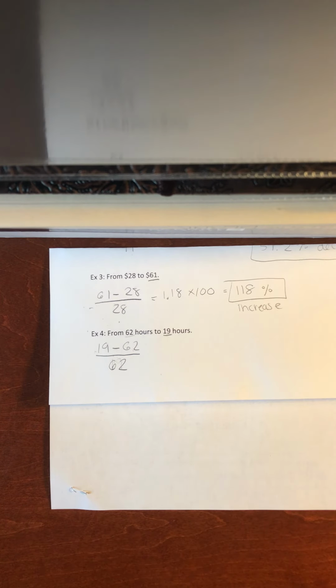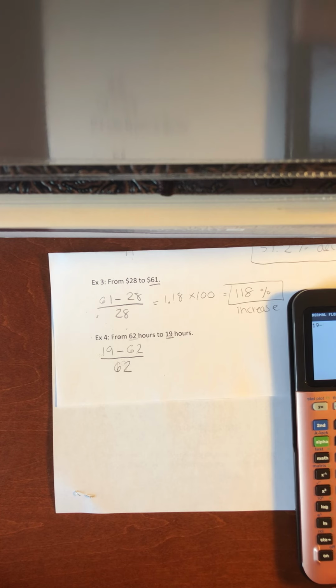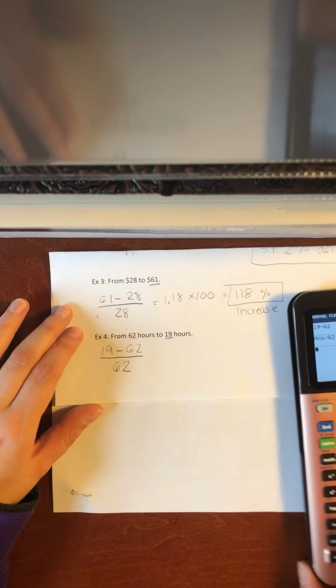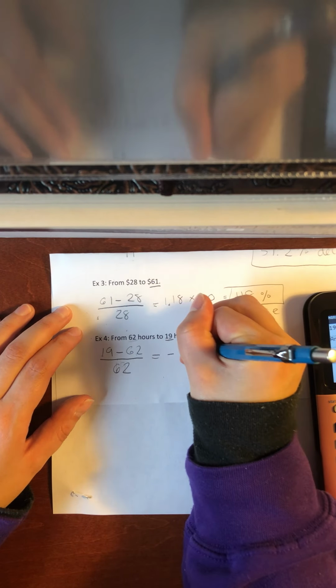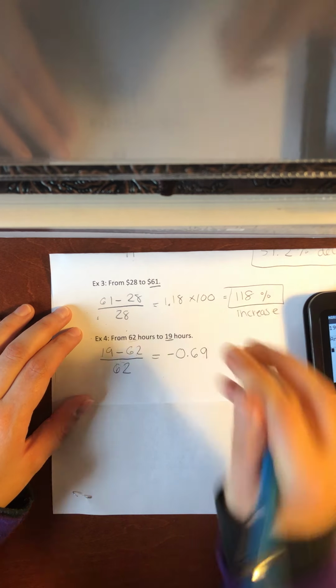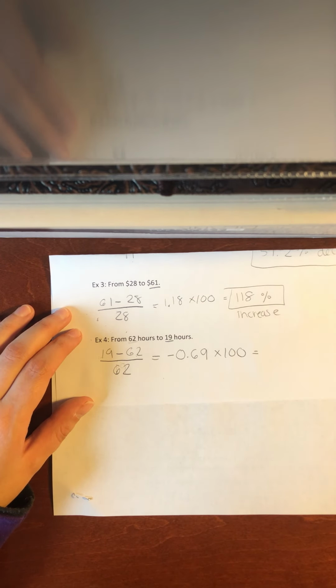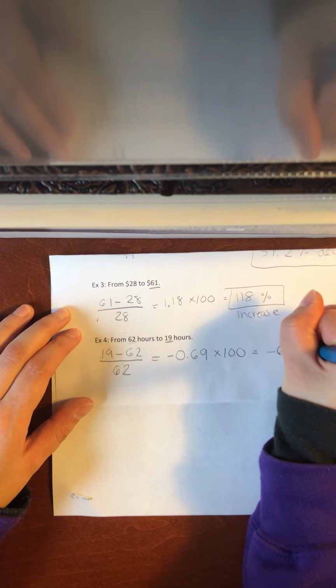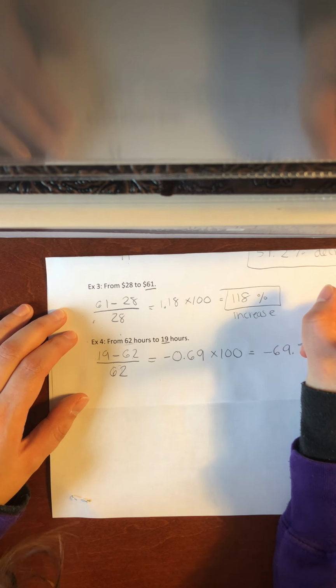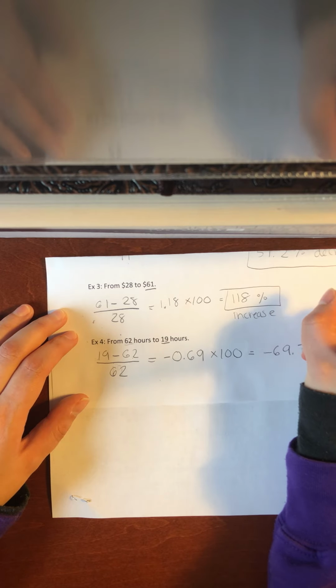Okay, so let's divide that out. 19 minus 62 equals negative 43 divided by 62 equals negative 0.69 multiplied by 100, which moves the decimal over 2 places, and you get negative 69.35, so let's just round it to 69.3.